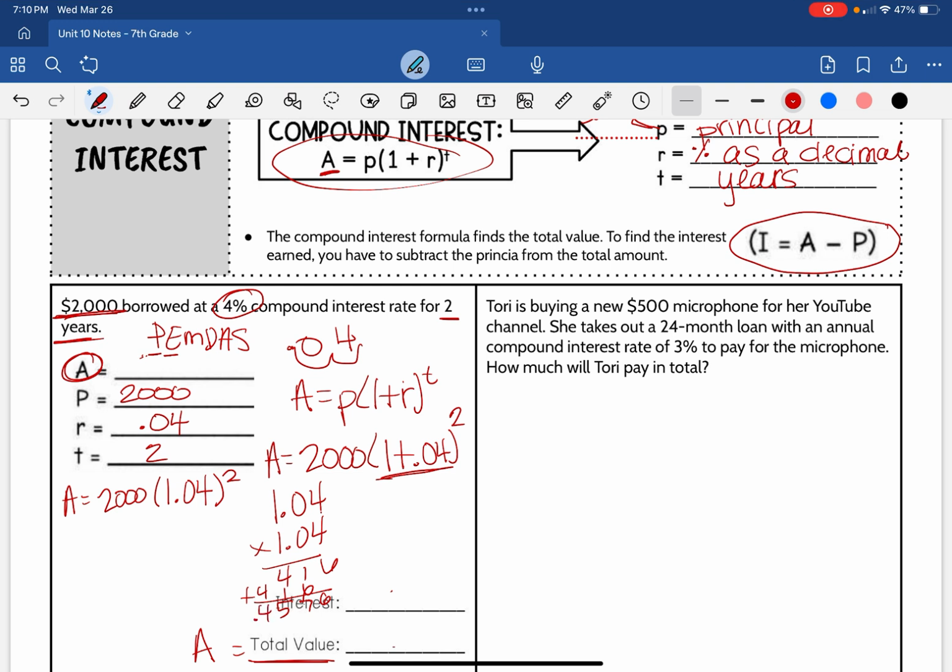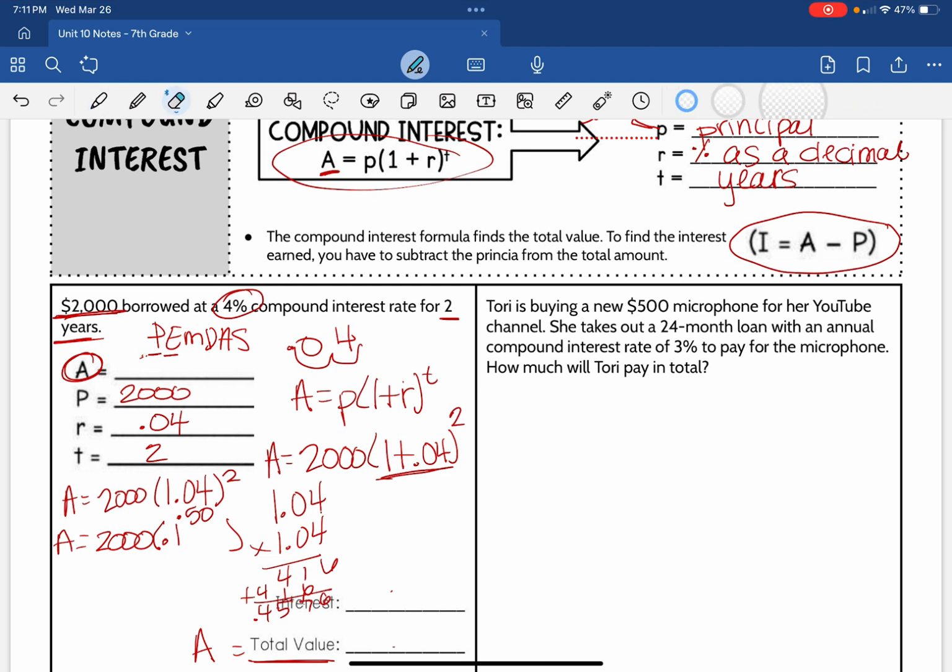One, two, three, four. So this is going to be A equals 2,000 times 0.4576. You could round this. We're going to leave it like that for right now. Actually, you know what? Let's round it to 0.5.